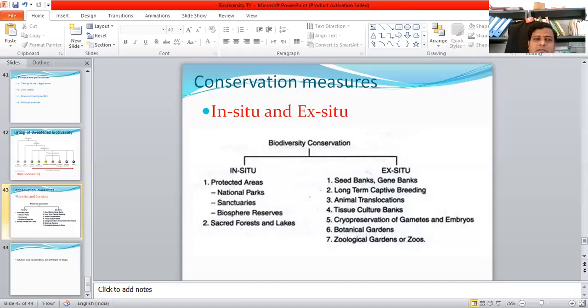There are many advantages of this ex situ conservation. It is useful in preserving declining populations of species. Endangered and threatened animals and plants which are near the verge of extinction can be successfully bred in this type of preservation. Certain species are bred in captivity and later released into their natural habitat.